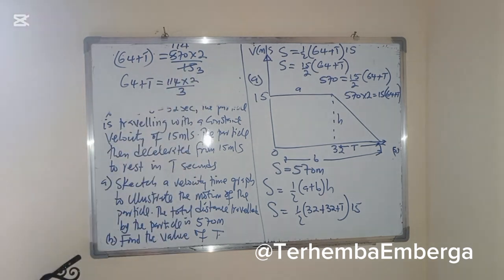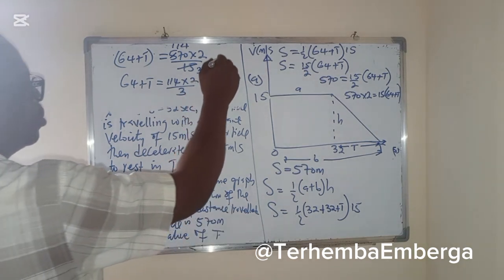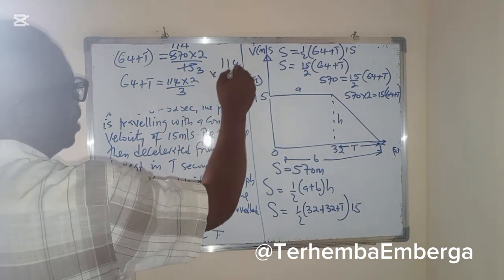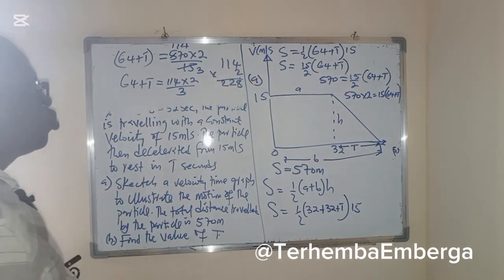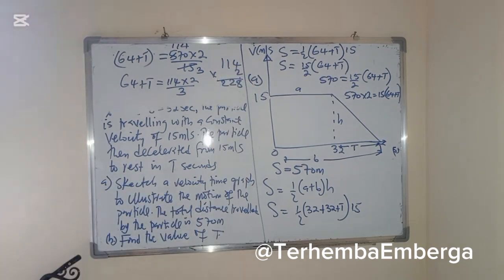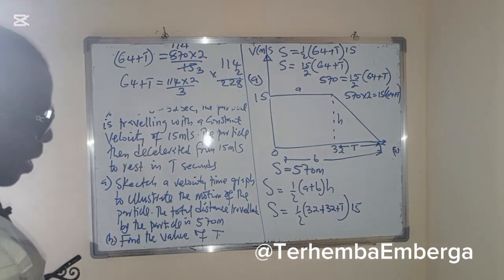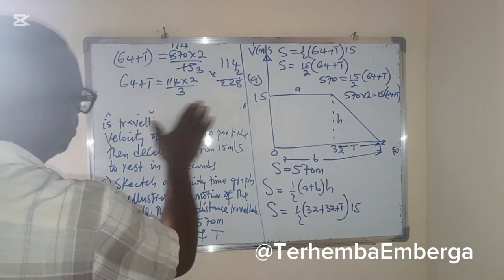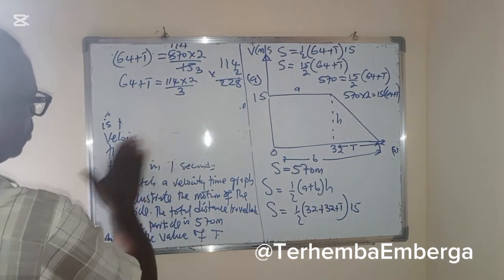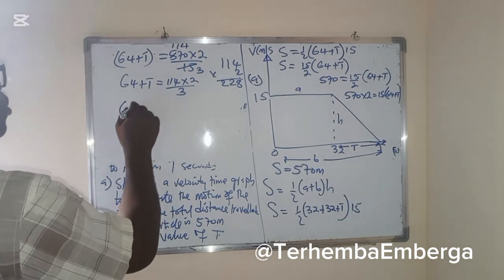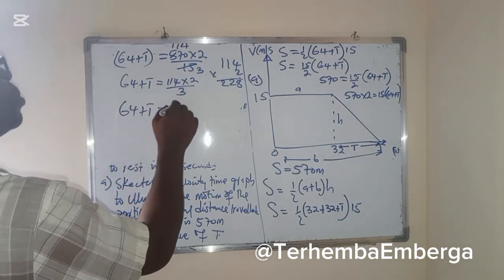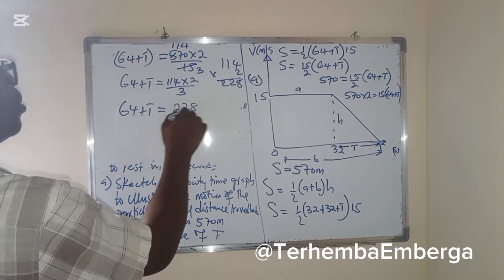And 114 times 2, what do we get? It is 228. So 64 plus t is equal to 228 all over 3.